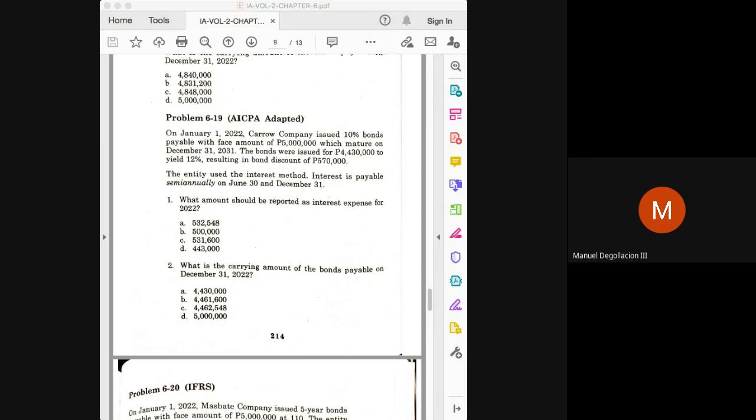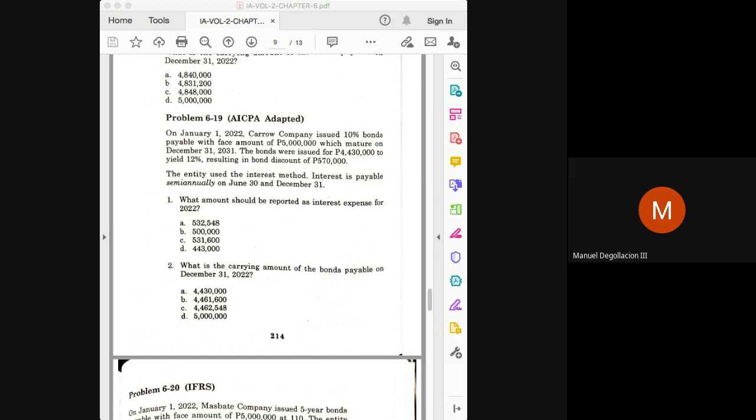Okay? And what have we solved earlier? We were able to solve for the interest expense for the first 6 months, meaning January to June, which was 265,800. Since we were able to compute the interest expense for January to June and July to December, we already have the total interest expense for the year 2022.